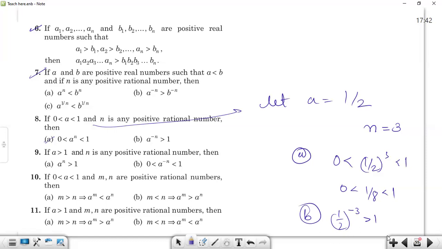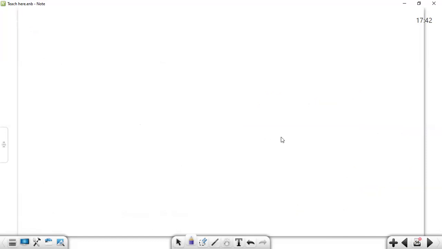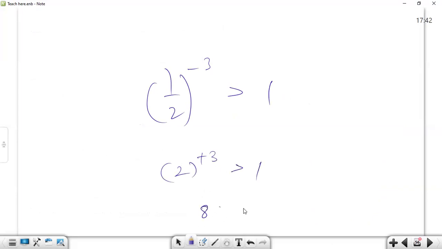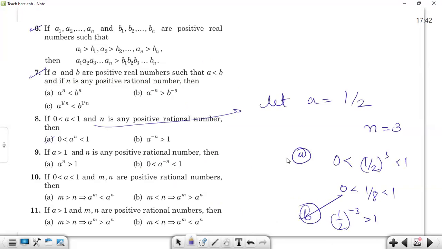Let me write this on the next page. Half raised to power minus 3 greater than 1. Of course, with a negative power we can reverse it and write it as 2 raised to power 3, which is greater than 1. Yes, it is true. So both A and B are correct. I hope you are able to understand what property number 8 says.